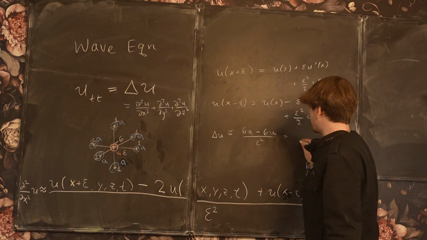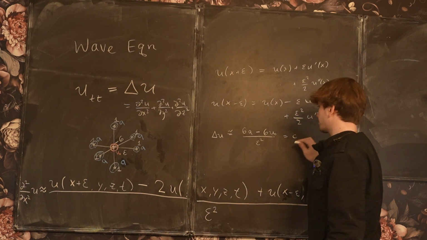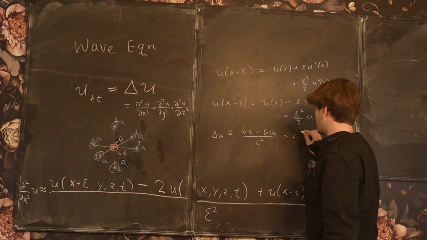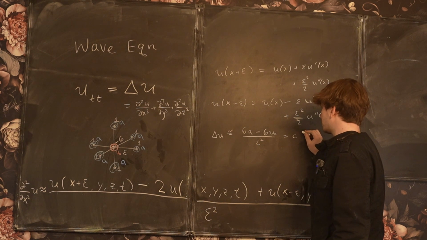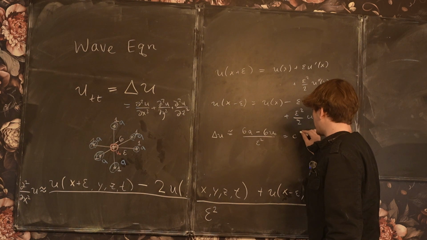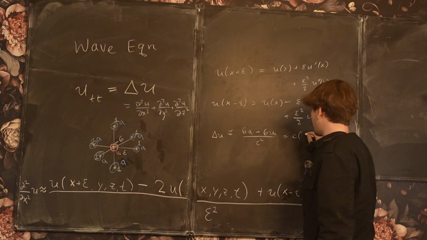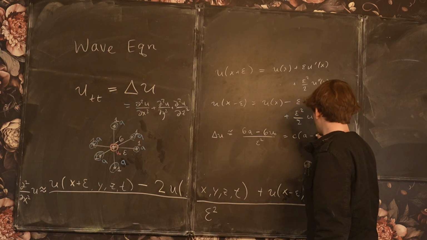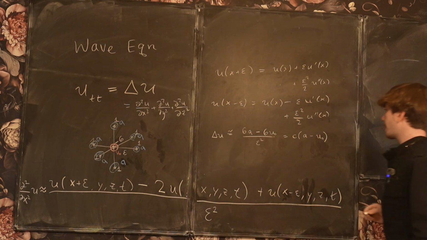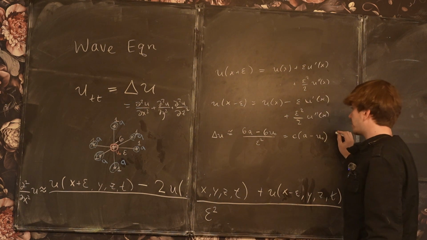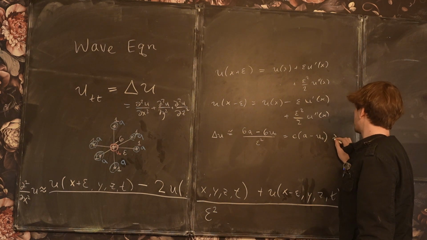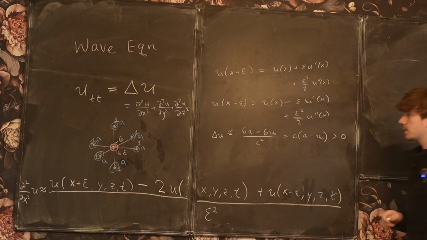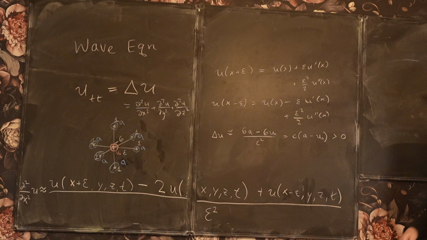So it's just a constant. We're assuming epsilon to be fixed now. A constant times a minus u naught, and we're assuming that this is greater than 0. Okay.